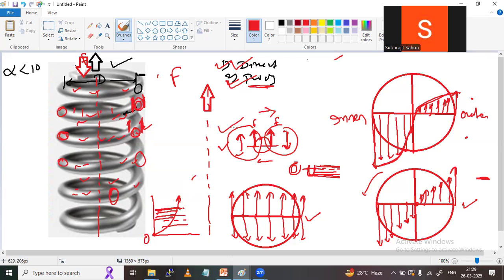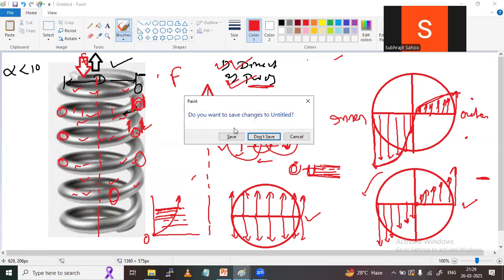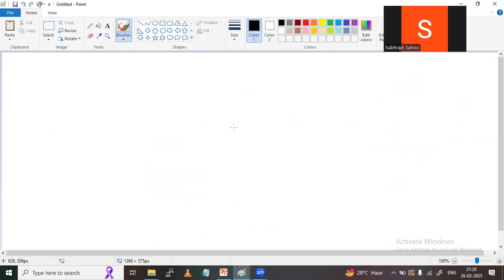Okay, now let us try to derive the formula. How to derive the formula? Sir, I told you there are two types of shear stress. One is the direct shear stress, another is the twisting shear stress, the shear stress due to twisting. For direct shear stress, what is the formula?